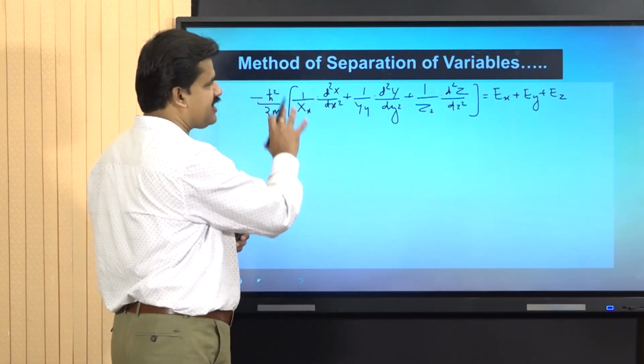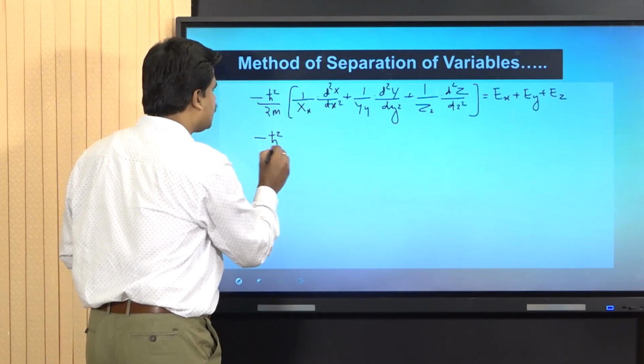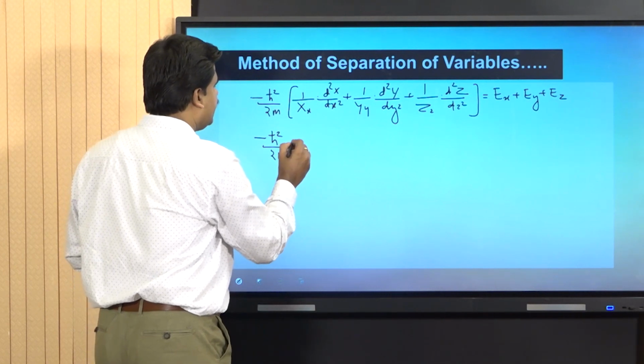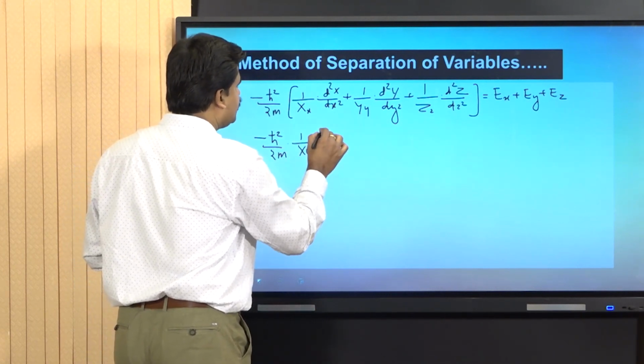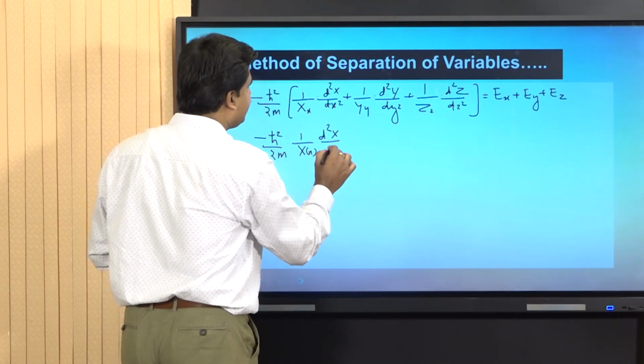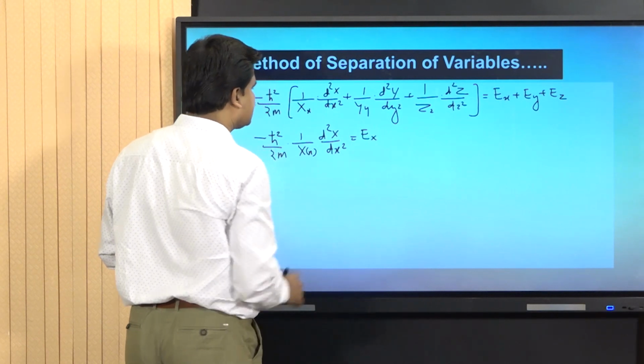Equating the parts of x, we are getting minus h cross square by 2m into 1 by X of x into d square X divided by dx square equal to Ex.